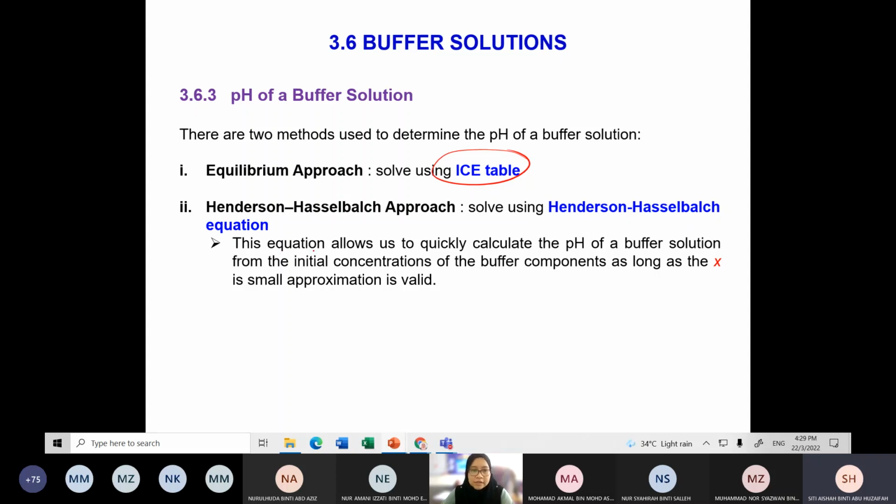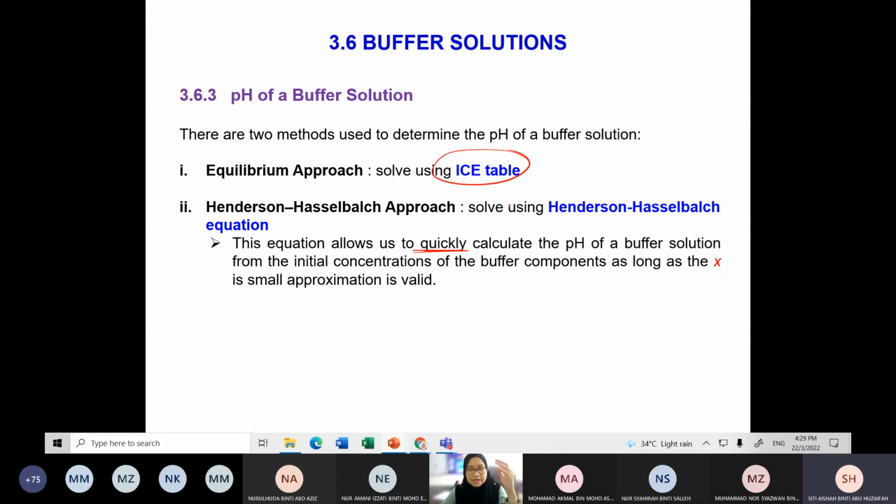Okay, kenapa? Again, this equation allow us to quickly calculate the pH. This is opposite to using ice table. Ice table, like I said just now, has a lot of steps that you have to go through. Kalau kita pakai formula tu, normally kita pakai assumption.